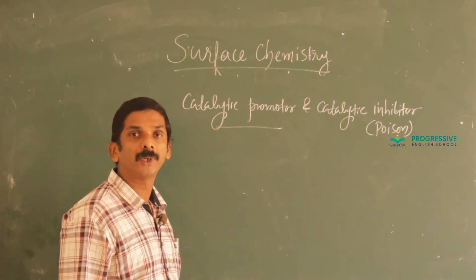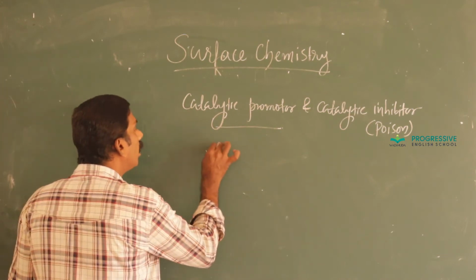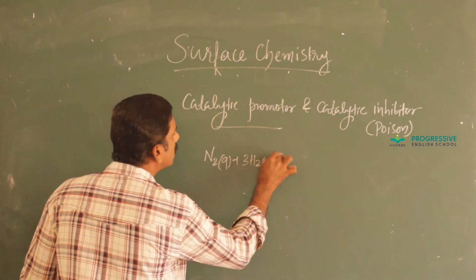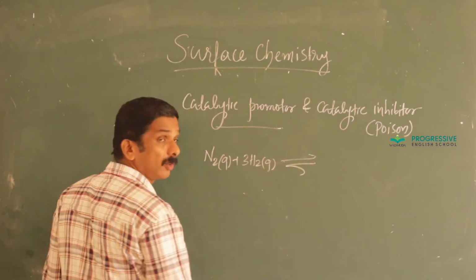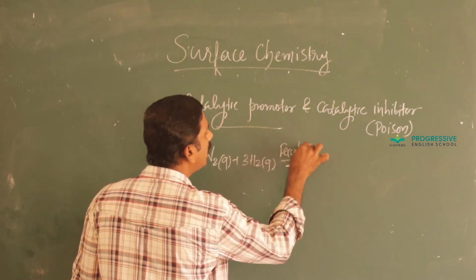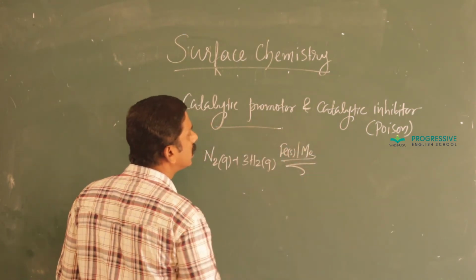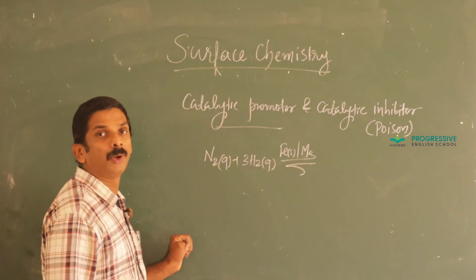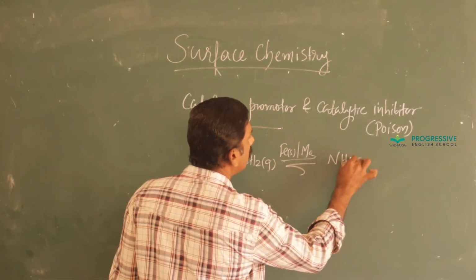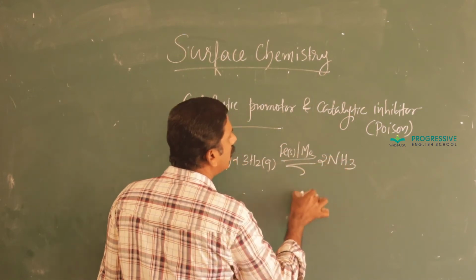Which is used for the manufacture of ammonia. Nitrogen gas plus hydrogen gas, which is a reversible reaction, is done in presence of spongy iron supported over molybdenum. The product is NH3, ammonia.